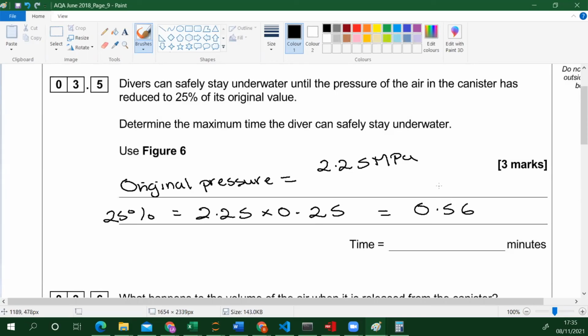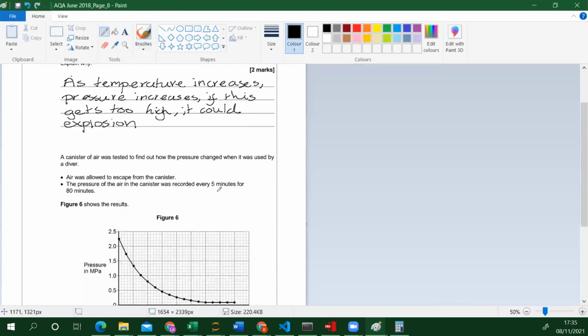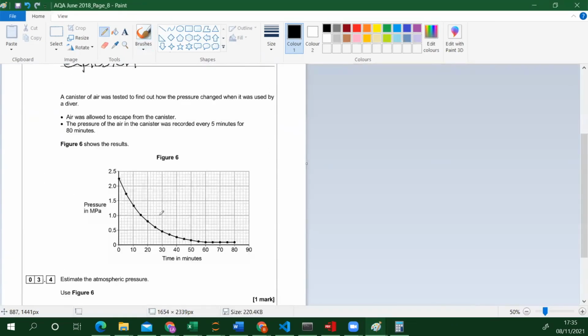That's not the end of it, because we've got to remember our train of thought here. Let's go back to 0.56 and go across. It's a little bit above 0.55. If you have a pencil and a ruler, draw across.